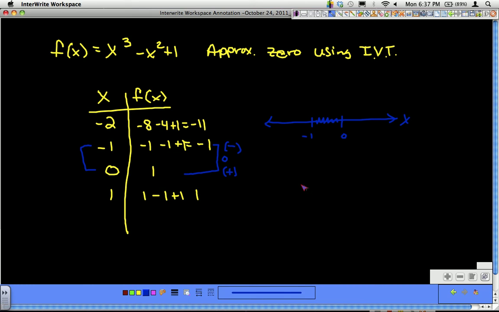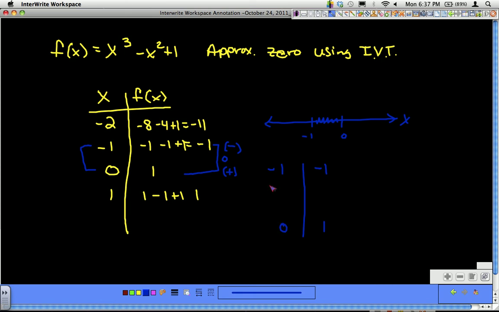Now I can get as exact as I need to. I can narrow this down and go to the nearest tenth. So I could start at negative 1, which gave me negative 1, and I know I can go up to 0, which gave me 1. So somewhere between there, I could go by tenths.